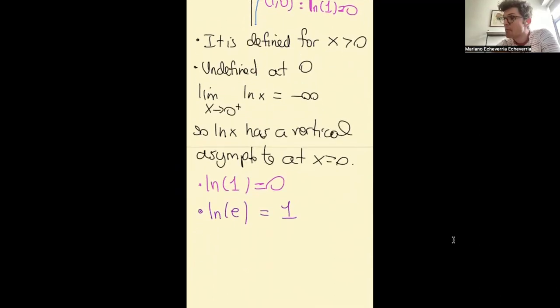More generally, you have this cancellation property: ln of e to the x is just x, and, let me use a different color, e to the ln of x equals x.